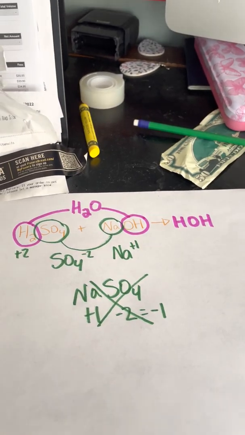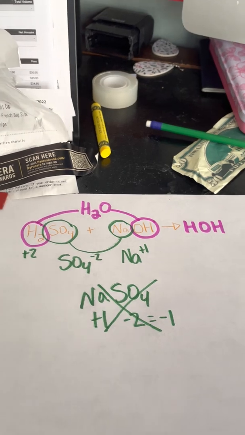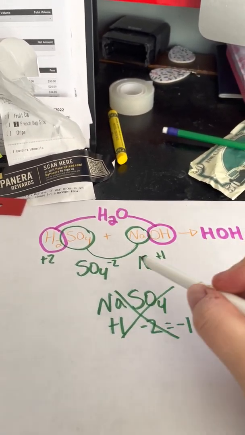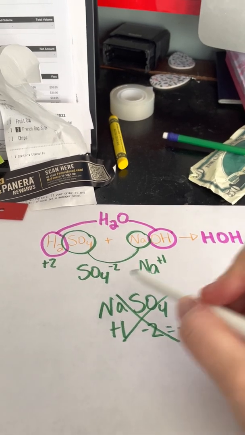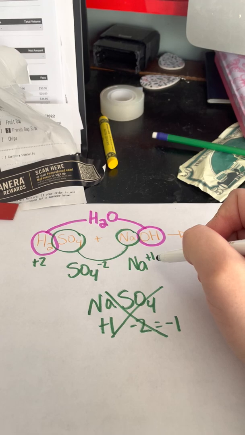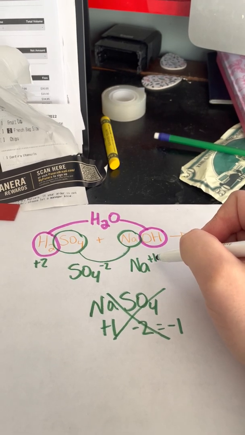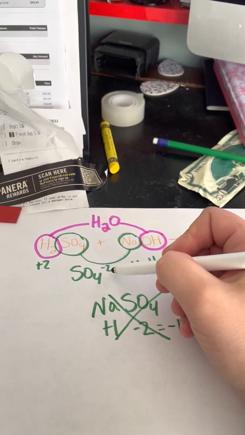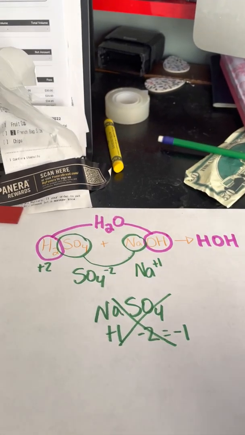You can also do the loop and sweep, or the crisscross method that your book talked about a couple modules ago when it talked about writing the formulas for this. Our charge over here is a 1. Right? So that means we're going to need 1 of the other thing. This charge is a -2, so that means we're going to need 2 of the other thing.